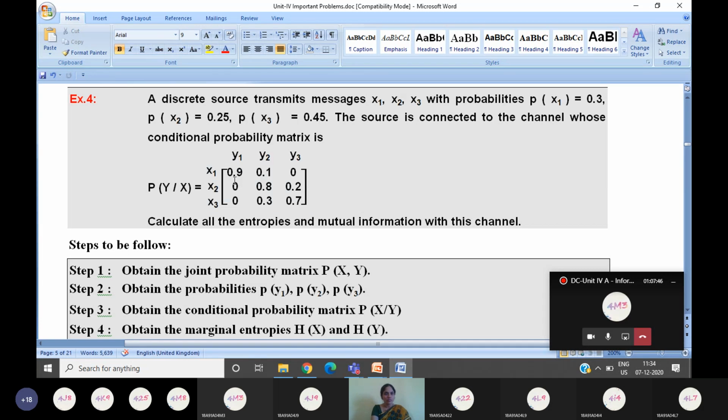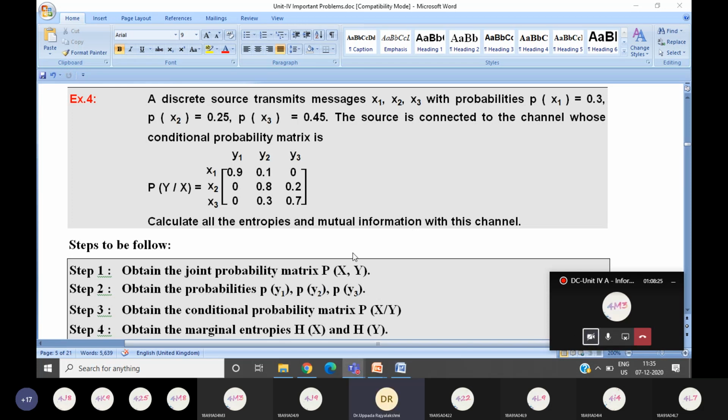Here x1 represents the first row, x2 represents the second row and x3 represents the third row, and similarly y1 represents the first column, y2 represents the second column and y3 represents the third column. For the whole problem, y1, y2, y3 represent the first, second and third columns respectively, and x1, x2, x3 represent the first, second and third rows. This is a conditional probability matrix of size 3 by 3.